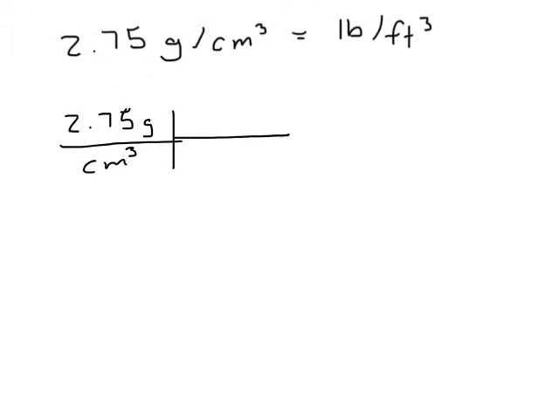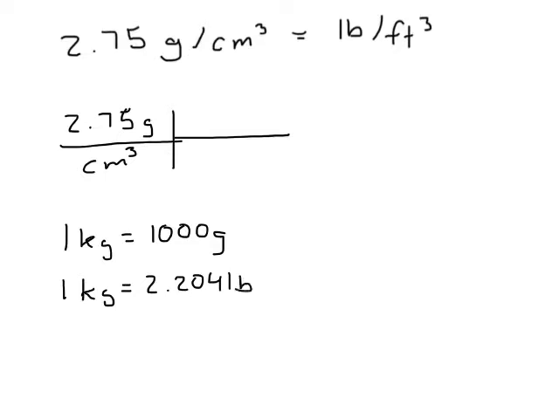And I'm going to need to do the following conversions. I'm going to need to do 1 kg equals 1,000 grams, and 1 kg equals 2.204 pounds.